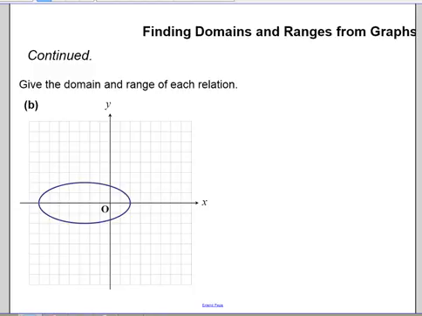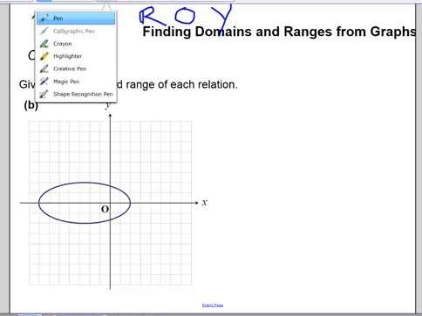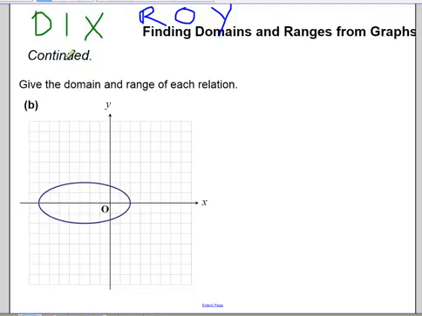Alright, for this one we're looking at the domain and range here. Remember that your domain is all your input, your x values. Your range is all your outputs, your y values. Now here our relation is given as a graph. So in terms of the domain, we're going to look from the left side to the right side on the x-axis.